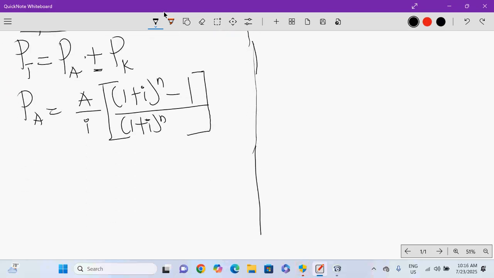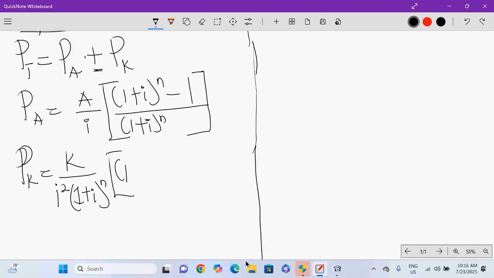We can then continue with the present value of the gradient. What is the present value of the gradient? It is k over i squared into bracket 1 plus i exponent n, all of this multiplying into bracket 1 plus i bracket close exponent n minus n multiplying i minus 1.